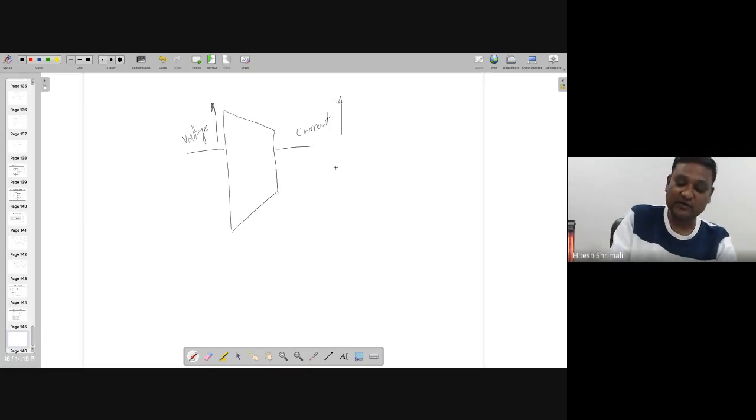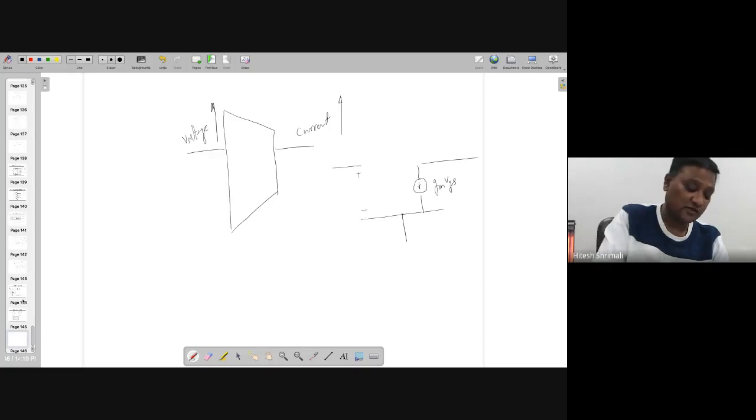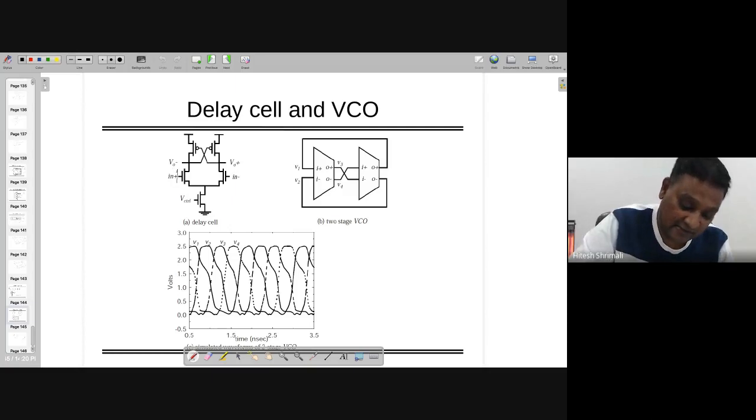The easiest way is the small signal model: if this is the small signal voltage, it's GM times VGS, which appears at the output side. That is what I want here, as V in increases, the current, or V out, also increases.